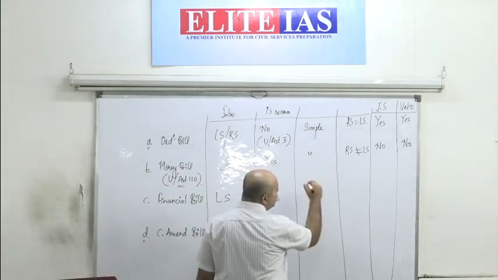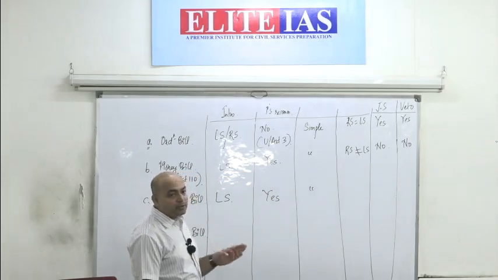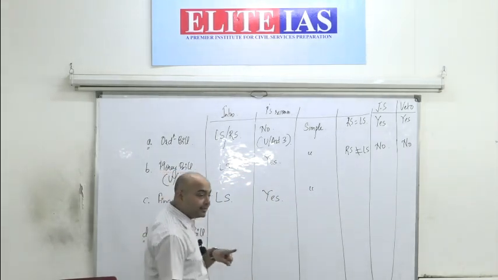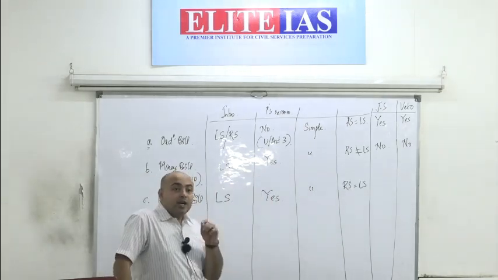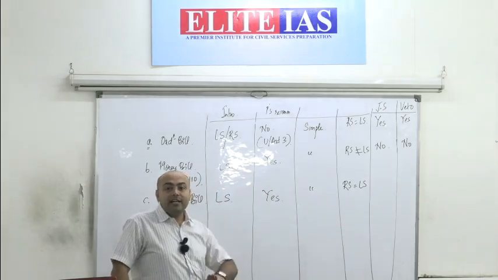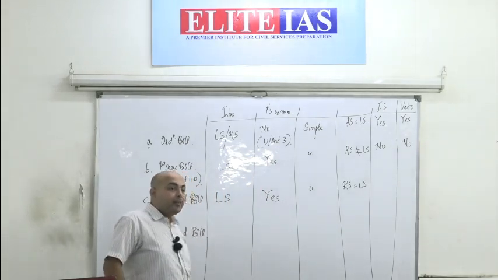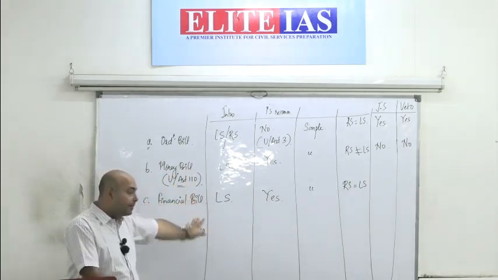Again, simple majority is required. Do Rajya Sabha and Lok Sabha enjoy equal legislative powers? Yes. That means, once the bill is introduced in the Lok Sabha, after that there is no distinction or no difference between the powers that the Lok Sabha and the Rajya Sabha enjoy.